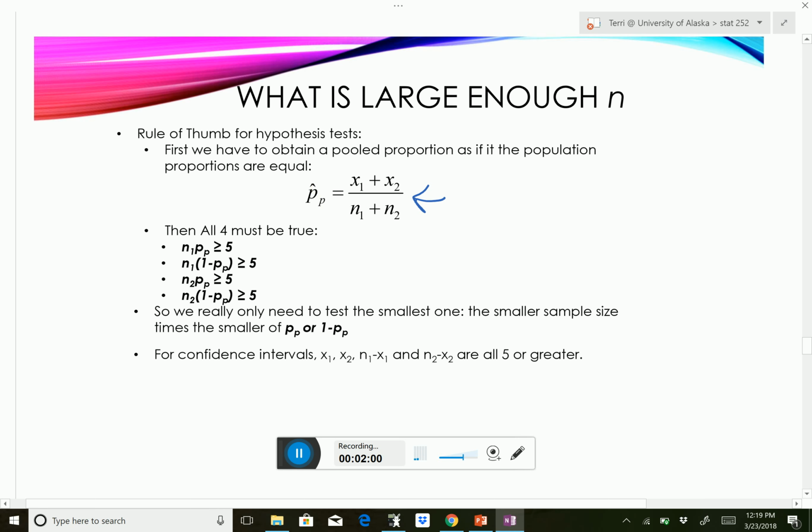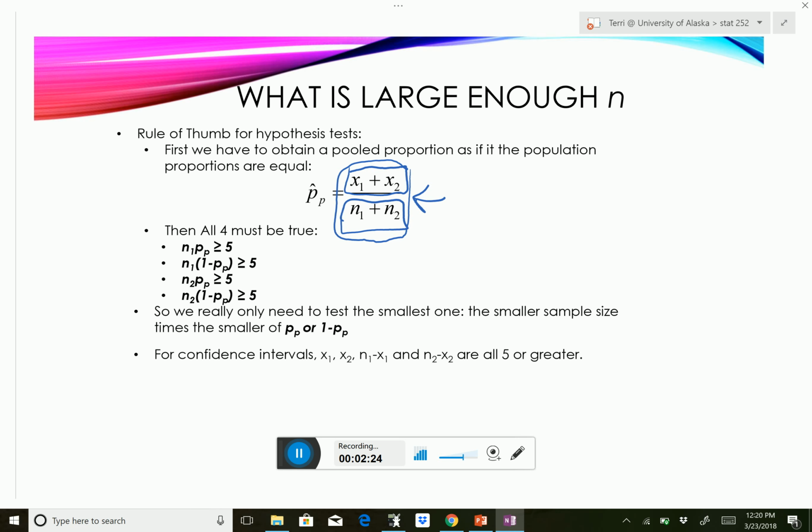We treat the two populations as if they were one, and we have all the yeses out of all of the N1 and N2, both sample sizes added together. We just treat it as if it were one population, the yeses out of the total.